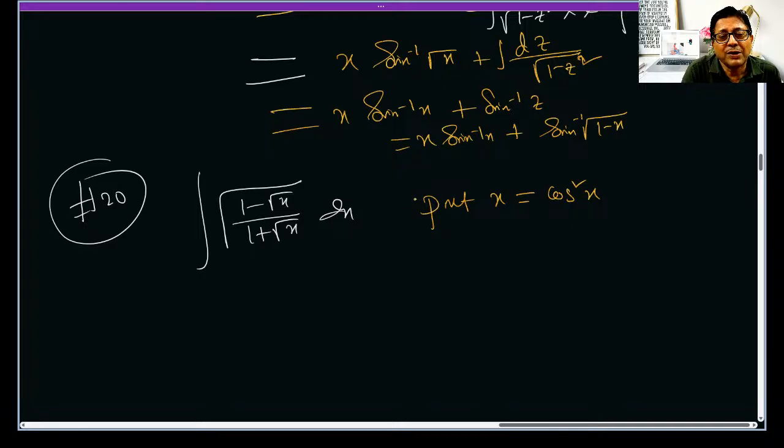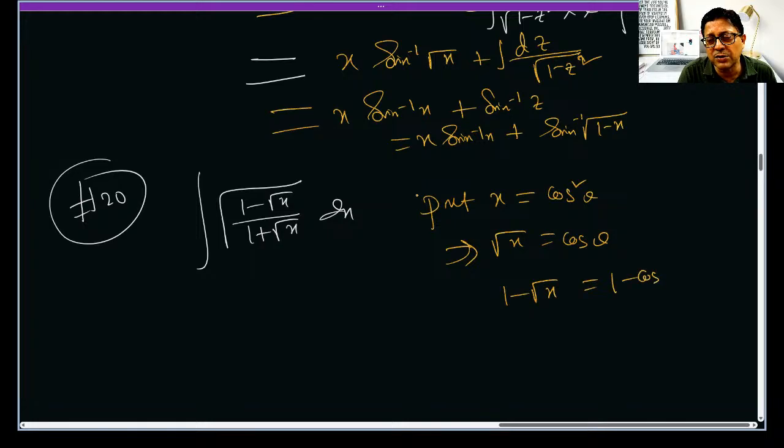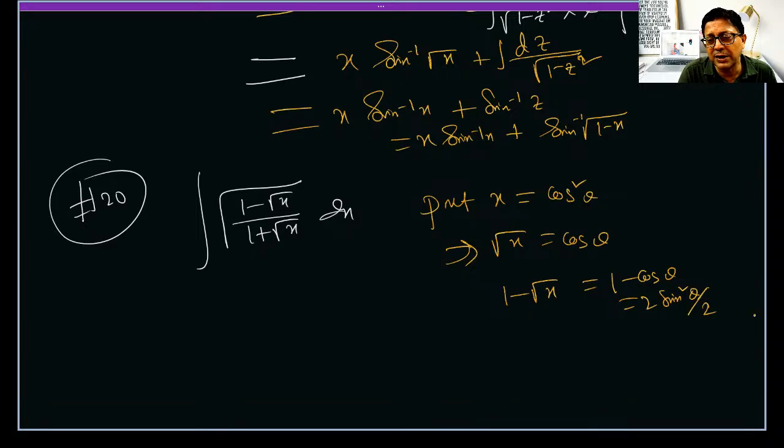Why? What is the advantage? That root x will be cos theta. Then 1 minus root x will be 1 minus cos theta, nothing but 2 sin square theta by 2.